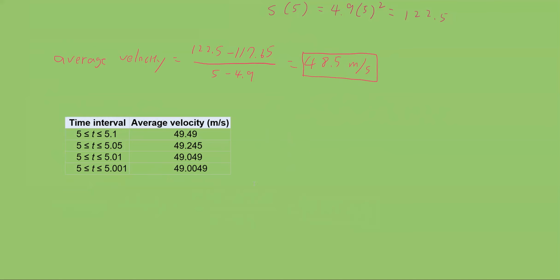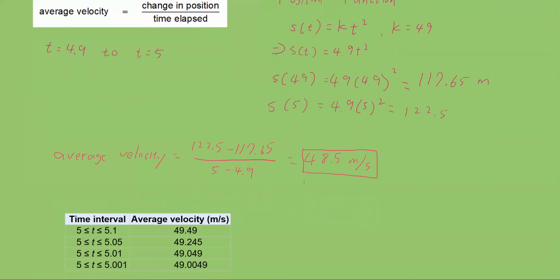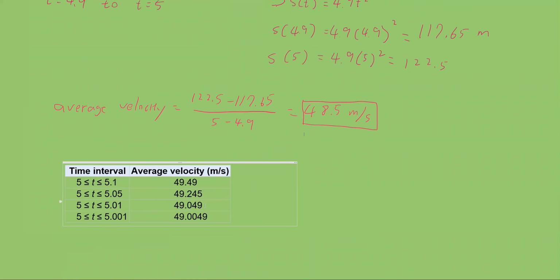Now, can you conclude that the speed of the ball at exactly 5 seconds is 49? Maybe, but you might need to show a little more. For example, instead of 4.9 up here, we can pick 4.99, 4.999, and see if we get closer and closer to 49 meters per second.